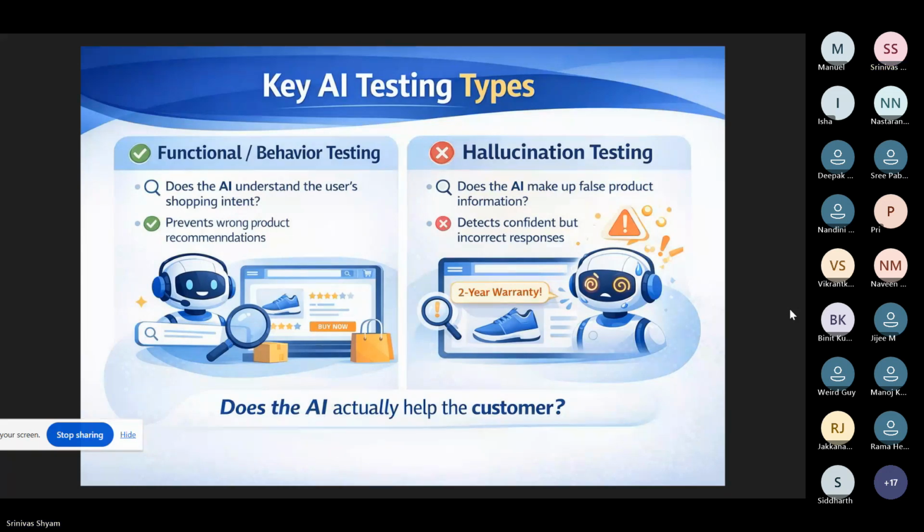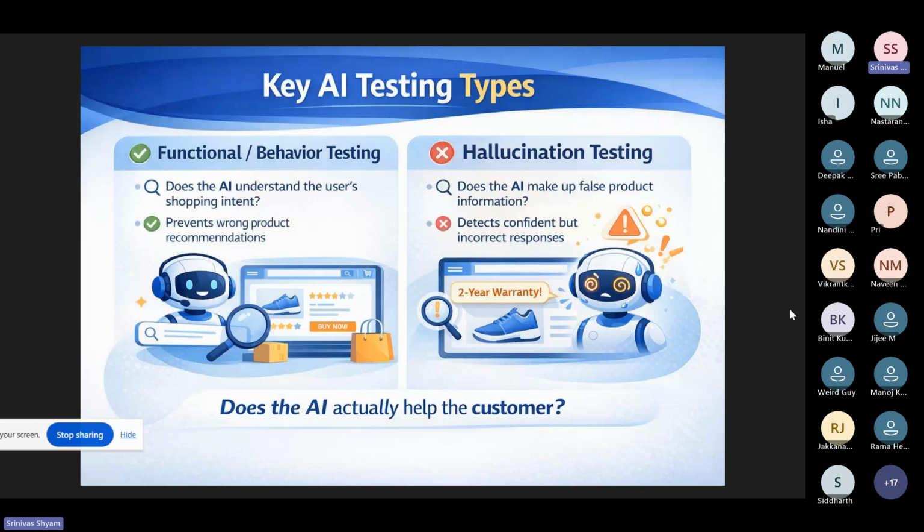So what is the issue in hallucination testing? This AI becomes very confident, as if he's an expert in what he's saying, and he says something wrong. For example, coming to e-commerce, I will take e-commerce as a whole so that you can compare each testing very easily. Let's say Amazon.com again.